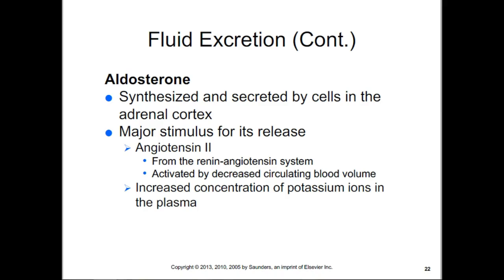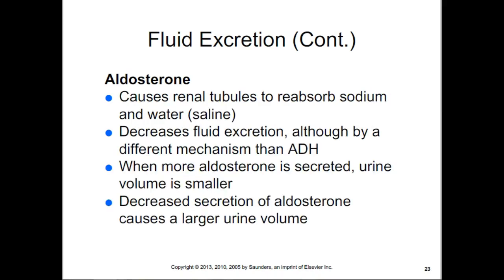Water follows, it increases blood volume, which increases blood pressure. Another thing that could stimulate the increase of aldosterone is too much potassium in the plasma. So we can balance it by increasing the amount of sodium in the plasma.